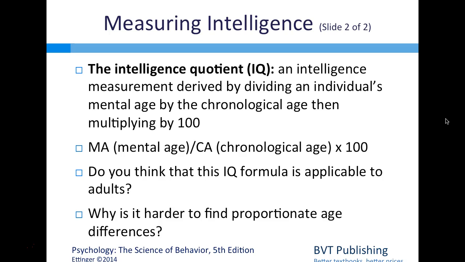As you can imagine, consider for example a 20-year-old who performs on an IQ test as well as an average 36-year-old. Would it be logical to conclude that the younger person has an IQ of 180? The fact that this is not justifiable indicates why psychologists needed to devise an alternative method for computing adult IQs.